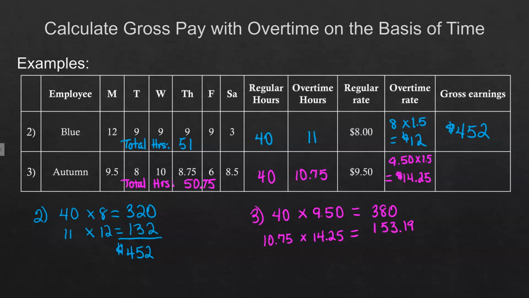Just round that if needed on however that comes out. And then we have a total of $533.19. And I'll put that in the chart also. All right, so that is working with overtime pay.